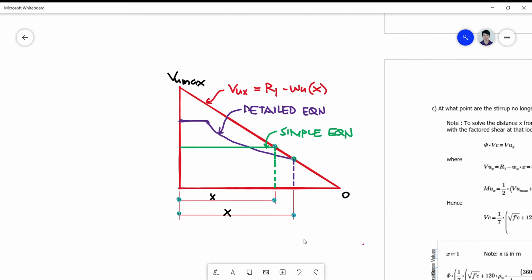This red graph, which has an equation Vux equals R1 minus Wux, represents your factored shear forces, measured from the left support up to the point where the shear becomes zero. This is at the midspan.